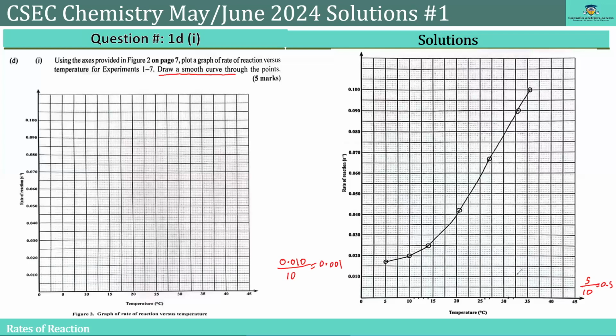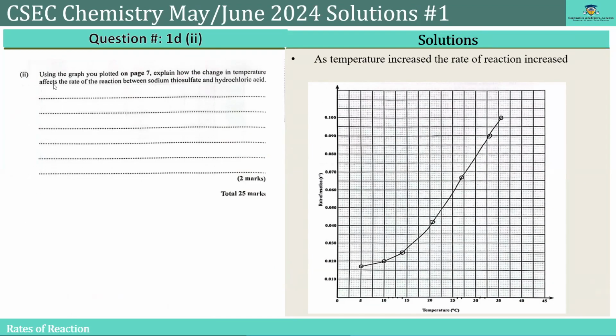And that is what we're going to use to plot our points with the temperature and the rates. Ensure that you plot your points using a dot and a circle or an X. Now, once you plot your points, you then draw a smooth curve between the points, and that should satisfy the question.